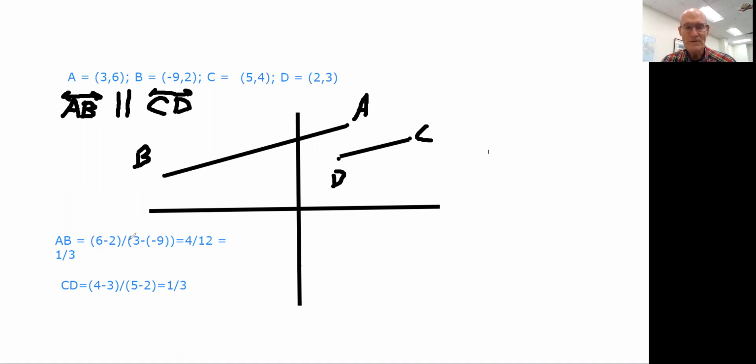And then you use your slope formula, which is y2 minus y1 over x2 minus x1 for AB. And then for CD, it's once again y2 minus y1 over x2 minus x1. And they end up being the same. So that tells you that these two lines are parallel.